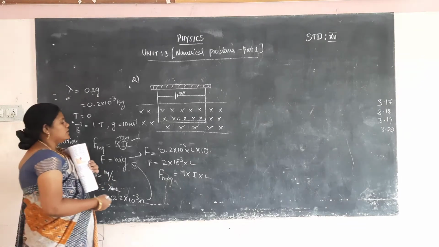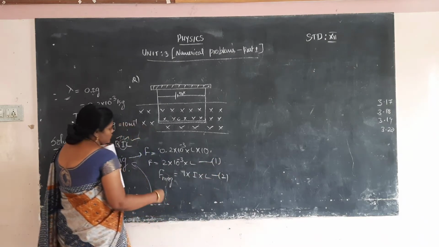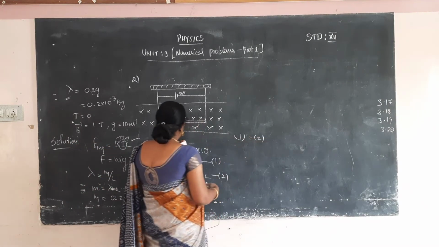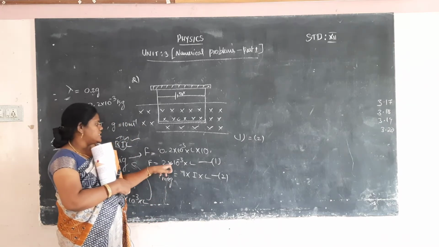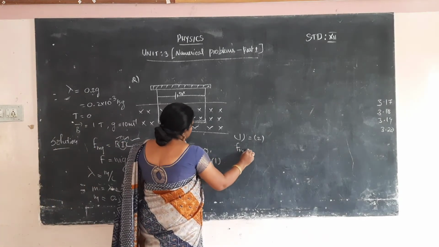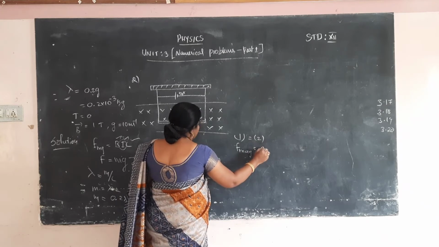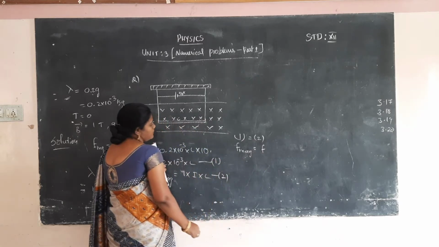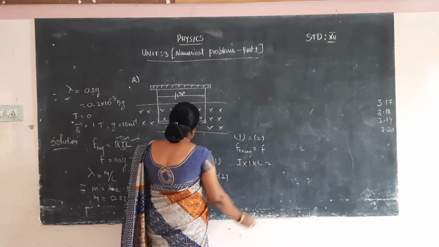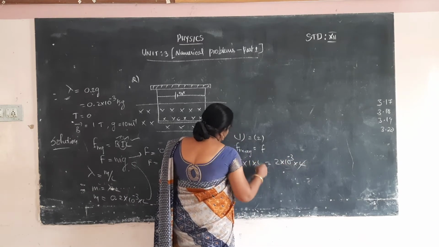Then equating the two equations, this is the first one, this is the second. What is the first equation? 2 into 10 power minus 3 into L. Magnetic Lorentz force is equal to gravitational force, that is F. So magnetic Lorentz force I into 1 into L is equal to 2 into 10 power minus 3 into L. On both sides L cancels.